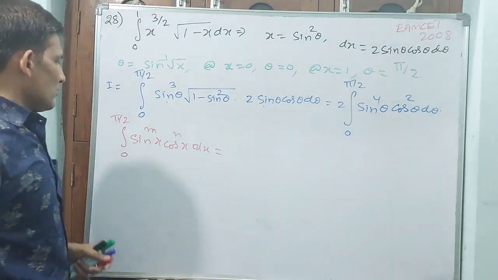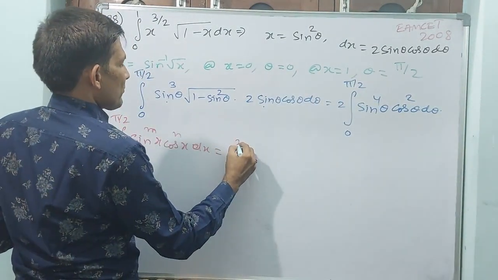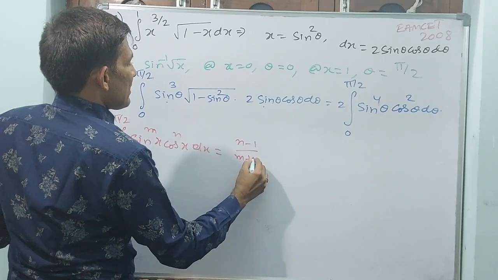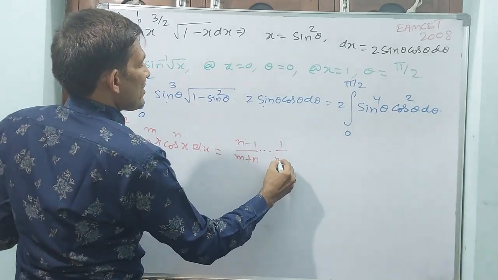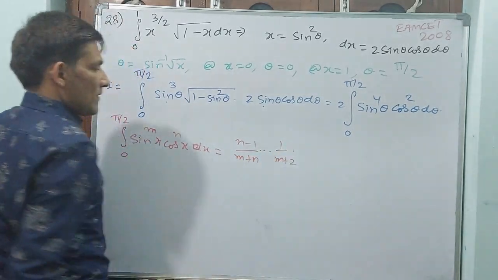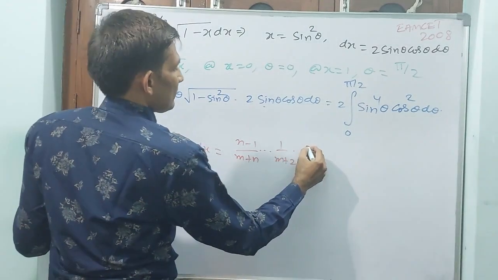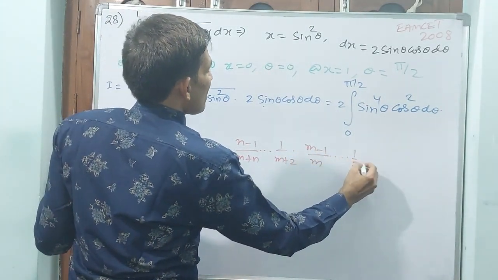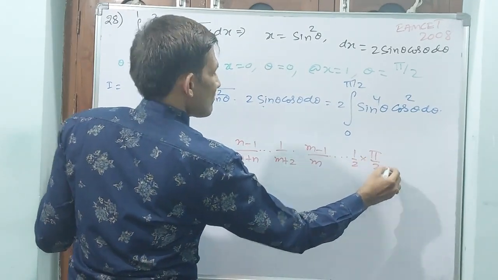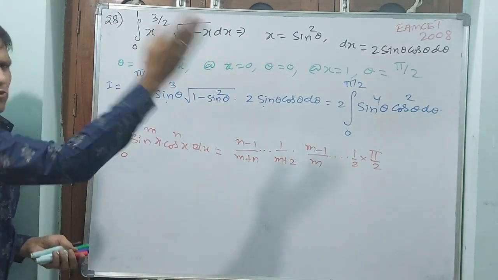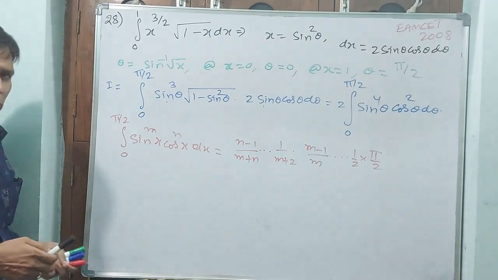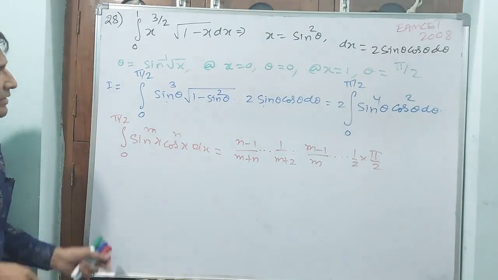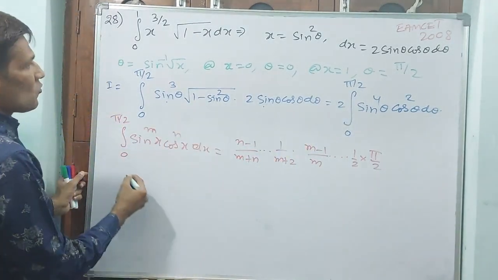Both are even means, you see, n minus 1 by m plus n up to 1 by m plus 2 into m minus 1 by m up to 1 by 2 into pi by 2. Okay? Minus 2 we have to do. We will do it. We are not writing much. Okay? Now see 2 is also there. Write down 2 also.